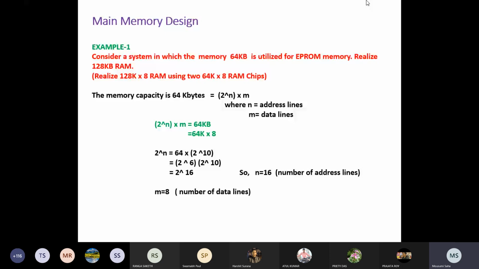K means 2 to the power 10 and 64 is 2 to the power 6, so altogether we have 2 to the power 16. Comparing 2 to the power n with 2 to the power 16, n equals 16. So you can easily determine the number of address lines: you have 16-bit address lines. And by 8 means 8-bit data lines. Is it clear, Better?